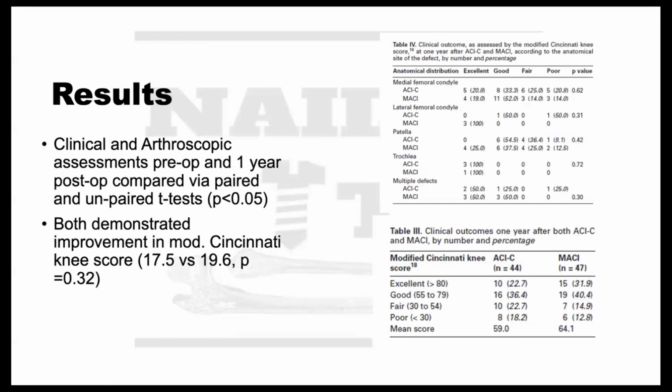Essentially, they found that both had pretty good improvements in their Cincinnati knee score, or their functional knee outcomes. There were non-significant differences between the two, and pre-op and post-op, they were very similar, both clinically and arthroscopically.